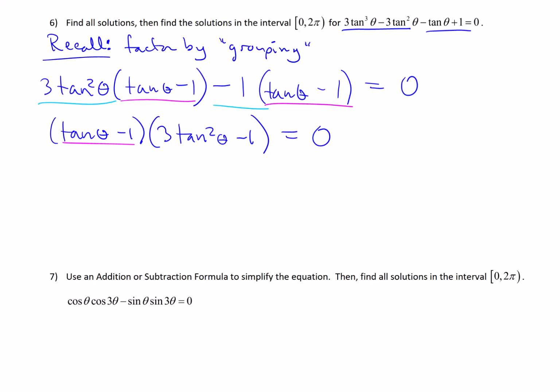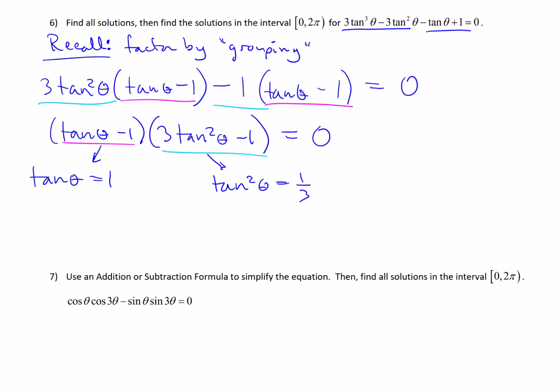So what we have now is a place where we can use the zero product property. That's good news. We have a product of two factors equal to 0, which means we can set each one to 0. So this means tangent theta would equal 1 if I just subtract 1 from both sides of that first factor. Second factor, similarly, add 1, divide by 3, we'll get tangent squared theta equals positive 1/3.